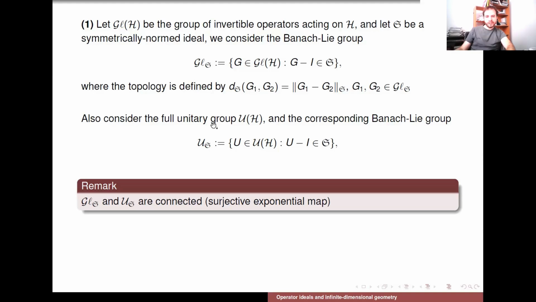And we recall again the restricted unitary group, which is denoted as follows. And a remark that will be useful here is that both groups are connected. In fact, the exponential map is surjective by using the analytic functional calculus. So we can always get a path, a continuous path, joining operators in those groups to the identity.